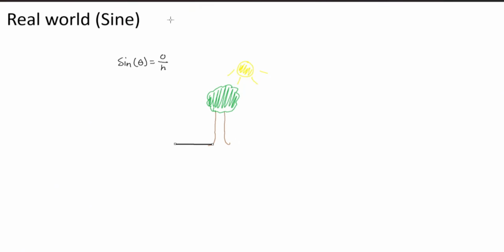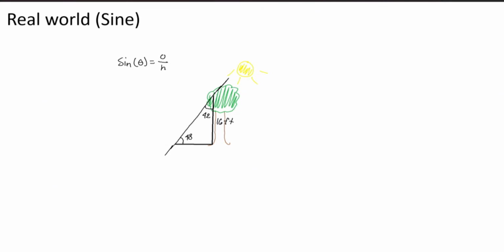And let's say we know that this tree is a total of 16 feet tall. And let's say we know that the sun is beaming down on the tree at, we'll say this angle is 48, and we'll say that you threw a rope up into the tree and you pulled it down until you reached the edge of the shadow and used a protractor, and you said this was 48 degrees.